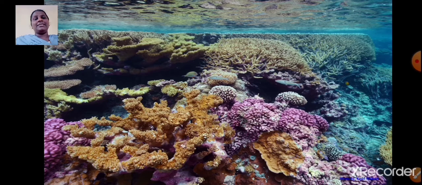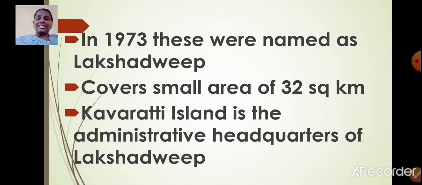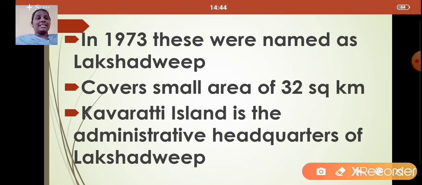Later on, in the year 1973, these were named as Lakshadweep. So you need to remember this year, students. In 1973, these were named as Lakshadweep. Earlier, it was known as Lakadiv, Minicoy and Amandiv.